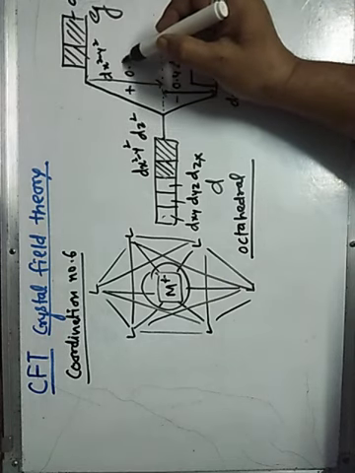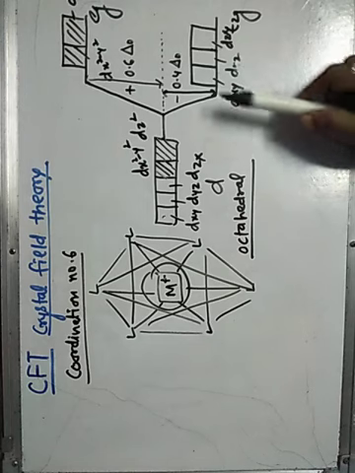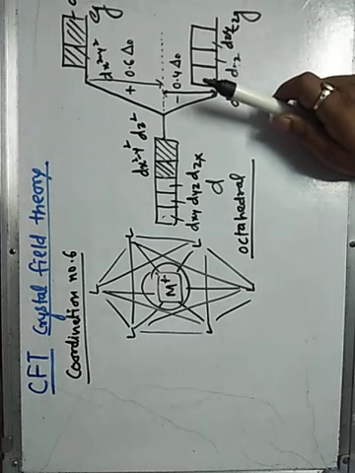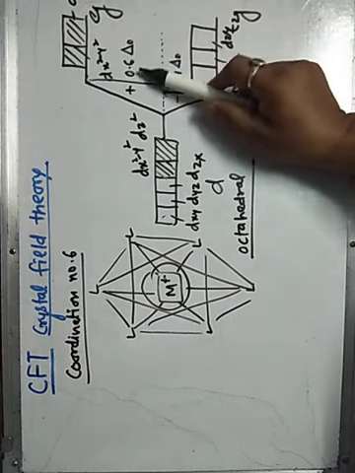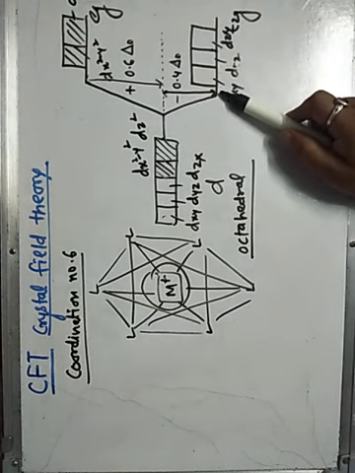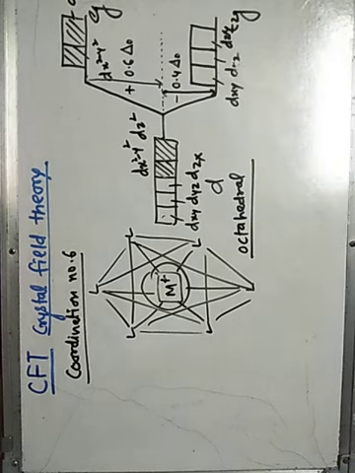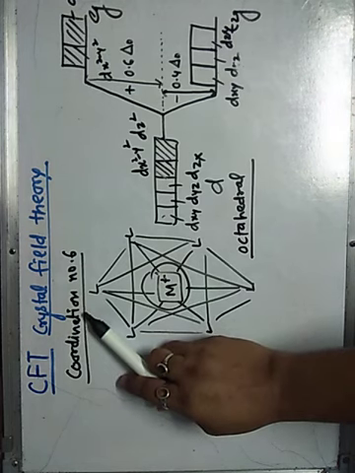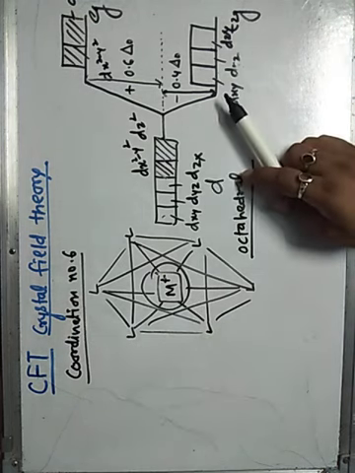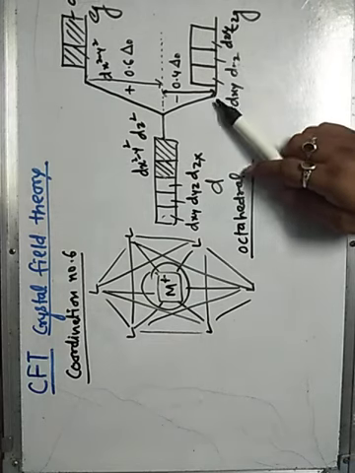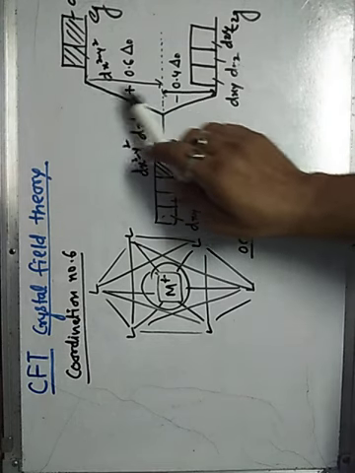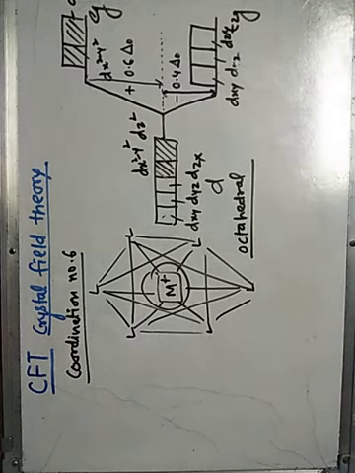You see that this particular energy gap will be positive. Correct? It will be greater, 0.6, and the other is lesser, 0.4. So in coordination number 6, the splitting will be like this, where at the low energy level this particular gap has to be low, and this particular gap has to be bigger. Clear?